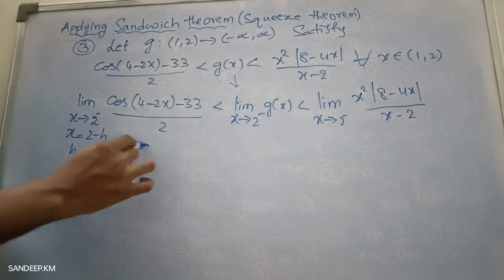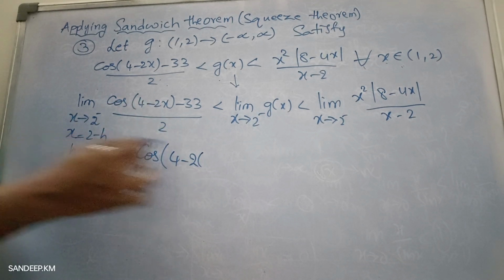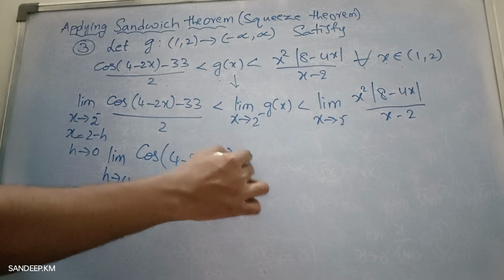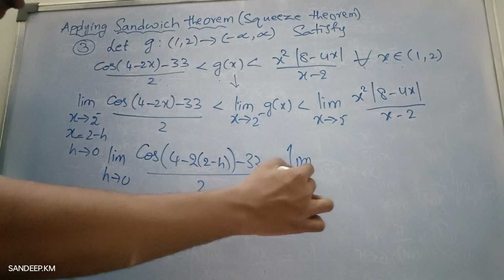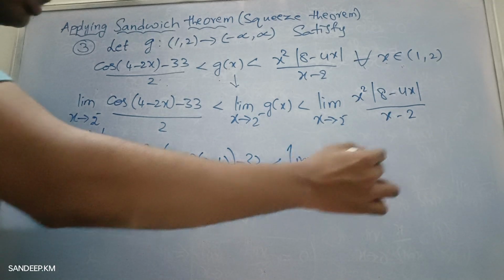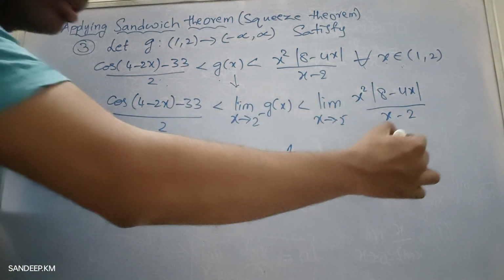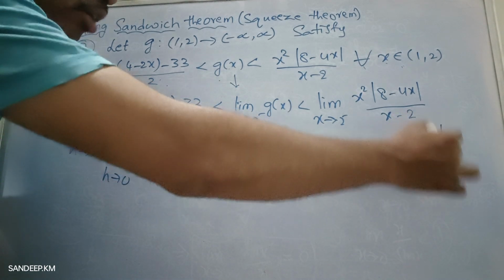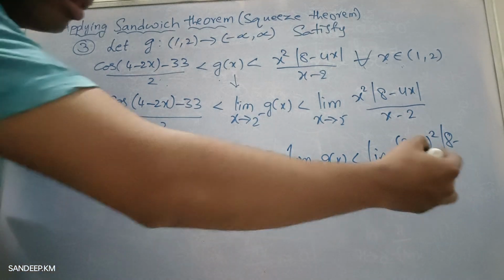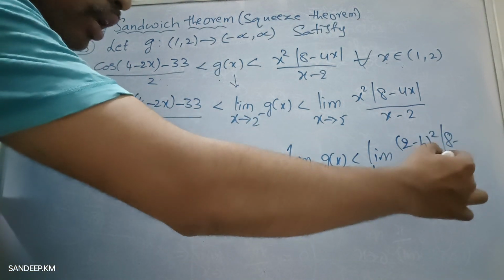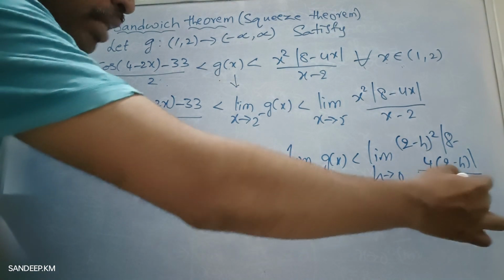Limit h approaches 0, cos of 4 minus 2 into, instead of x we are going to write 2 minus h, close the bracket, minus 33 divided by 2, less than, this is what you are supposed to find, less than, again limit h approaches 0, we are substituting x as 2 minus h, so (2 minus h) whole square into modulus of 8 minus 4 into (2 minus h), close the modulus, divided by 2 minus h minus 2.